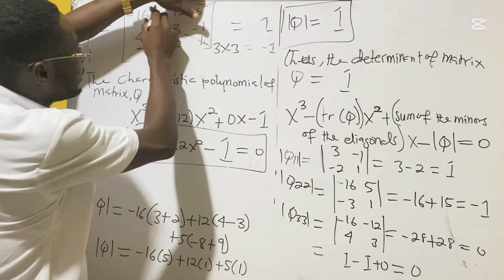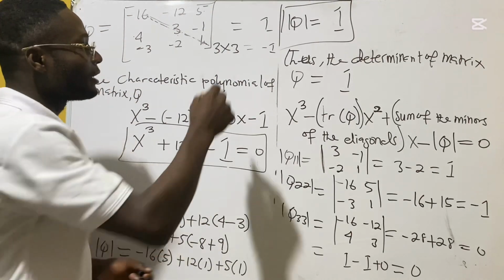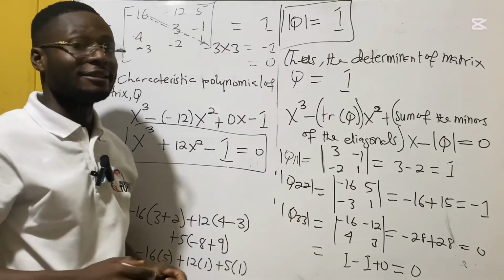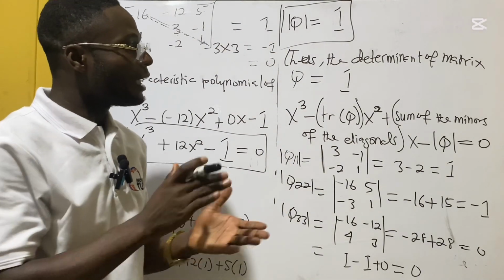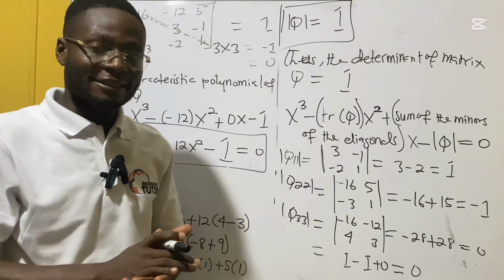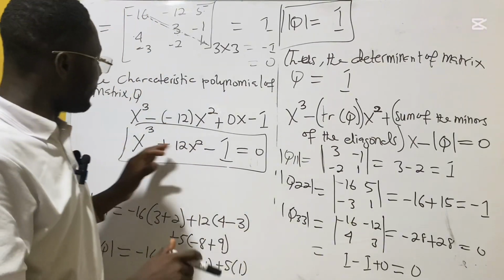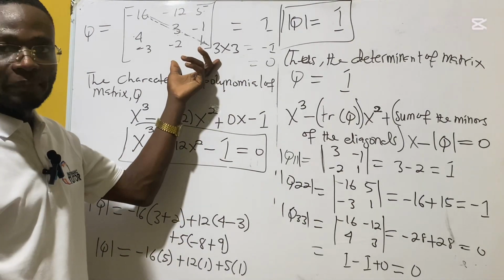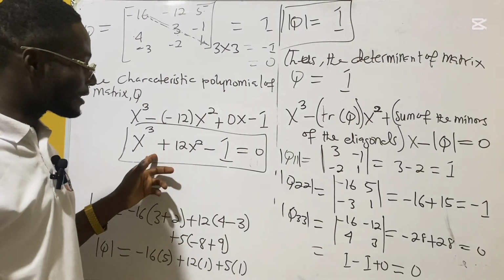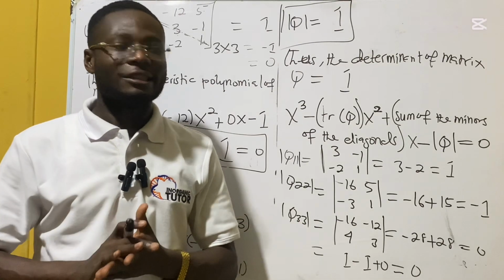So everything here becomes the elements that you're going to find the determinant of. So that also gives us 0. So when we sum this, we had 0. So that is why we have the s term as 0. So basically, this is the characteristic polynomial of this particular matrix: s cubed plus 12 s squared minus 1 equals 0.